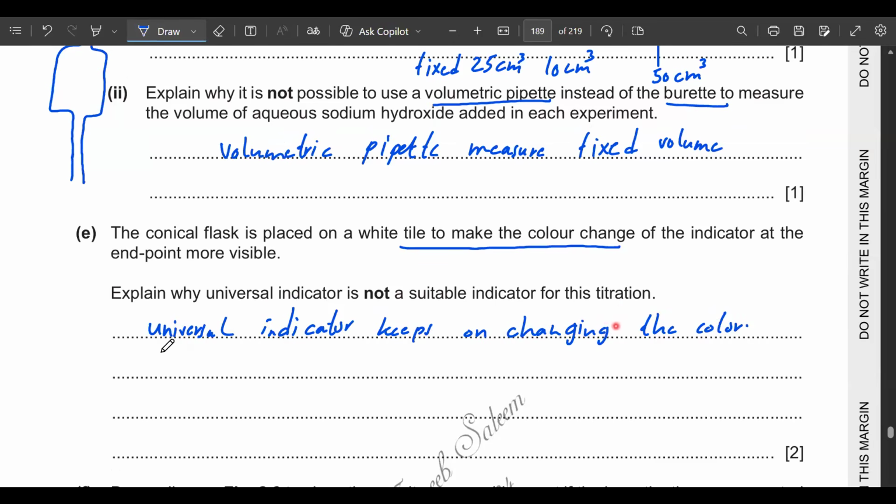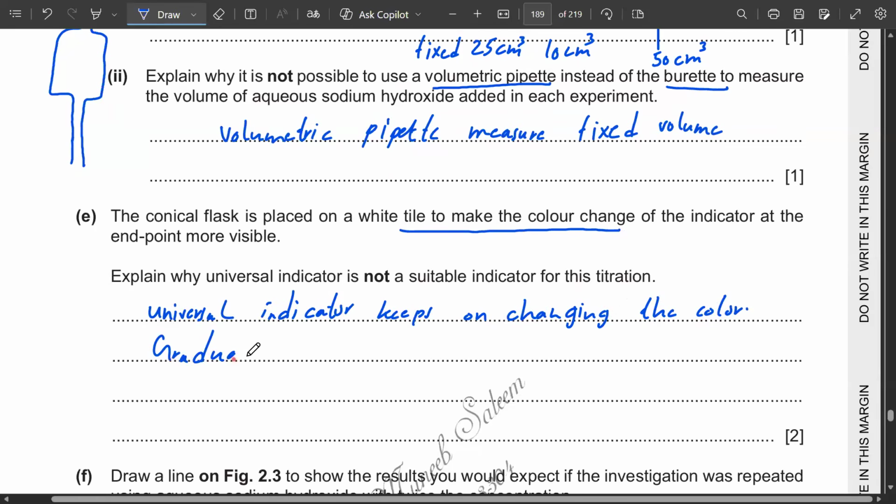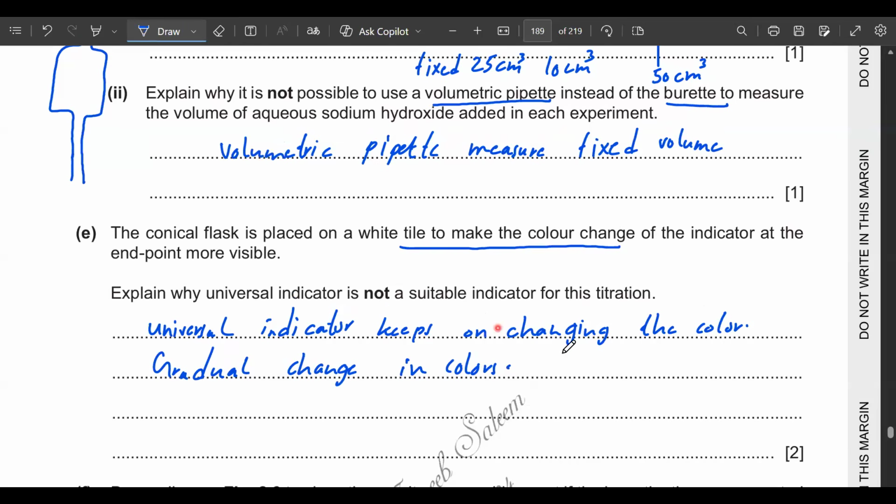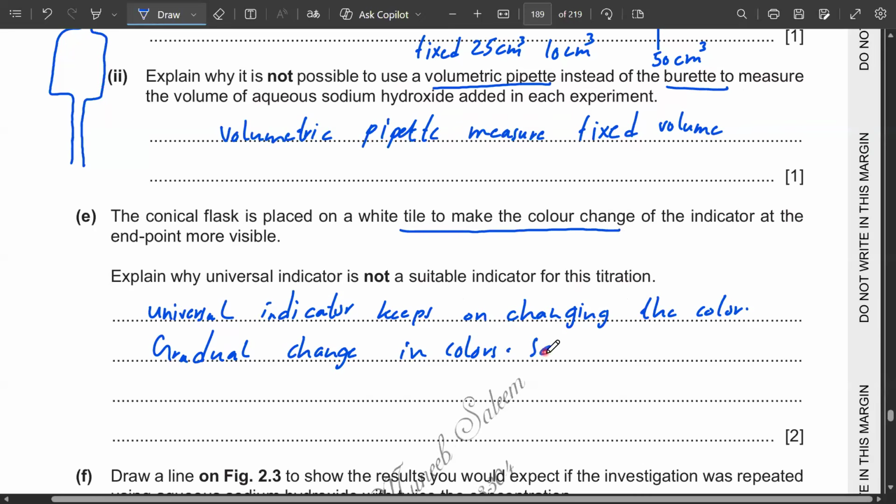There is a gradual change in the colors, etc. And after that, you will also say, so cannot determine the endpoint, or endpoint is not clear.